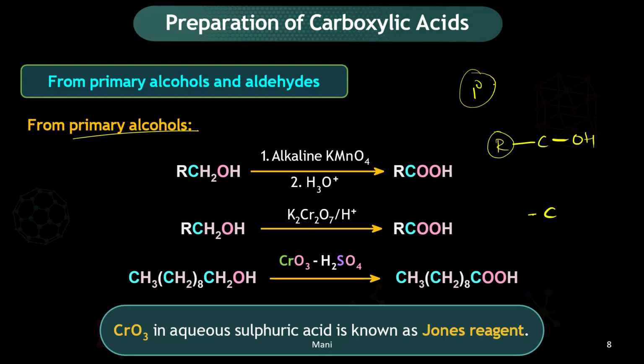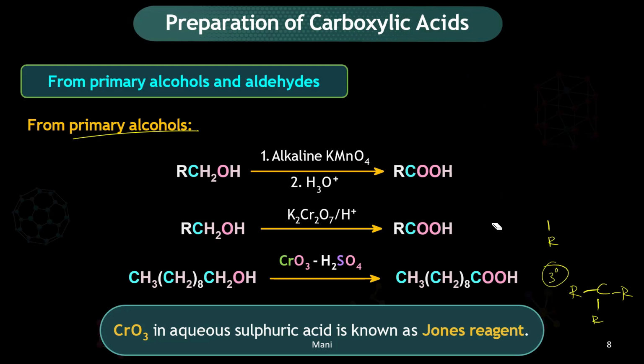If it is attached to two different R groups, we call it secondary. If it is attached to three different R groups, we call it tertiary. Understood? So here we are discussing the primary alcohols.